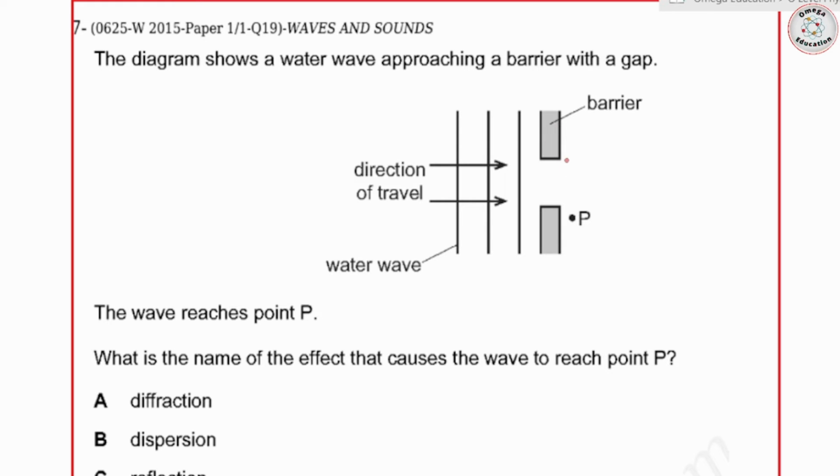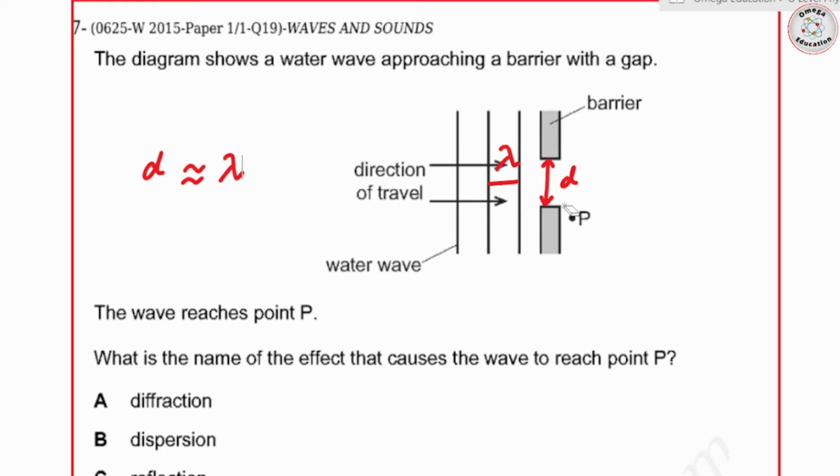This is called diffraction. That's a fact. If there is a barrier and the gap in the barrier is pretty much the size of the wavelength, so if the separation of the barrier is D and D is approximately equal to the wavelength or even slightly smaller than the wavelength, then a process of diffraction takes place.